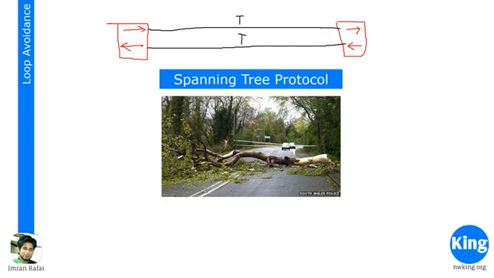The problem is when you connect two switches with two cables. Let's say there's one device here. This is a computer, and if this computer sends a broadcast, what does a broadcast do? According to what we know, when the switch receives a broadcast, it will send that traffic out on all the switch ports.